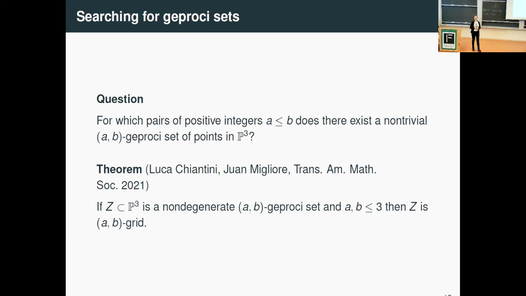We know the theorem from the paper of Chiantini and Migliore, published in 2021, that if Z is a non-degenerate AB Geproci set, where both A and B are at most 3, then Z is a grid.